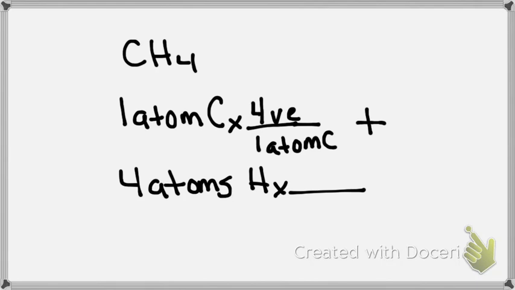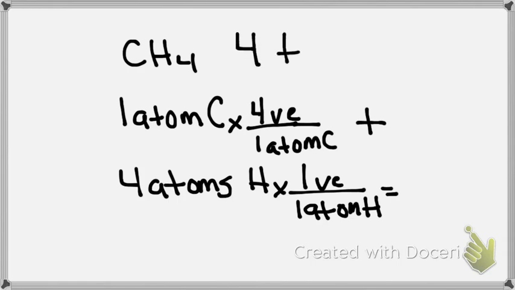So hydrogen is in group 1, so we have 1 valence electron for every one atom of hydrogen. Now if we do the basic mathematics, we have 1 times 4, which is 4, plus 4 times 1, which is 4.